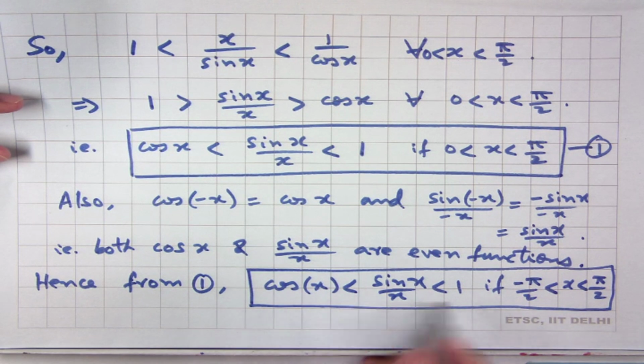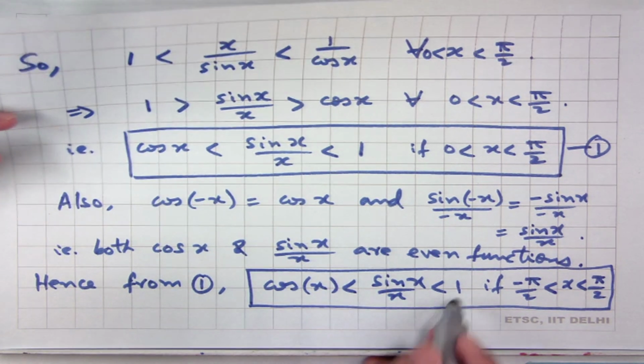Now, we just need to know what is the limit of cos x and limit of 1 as x approaches 0.